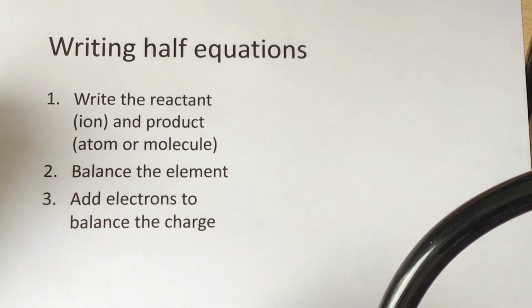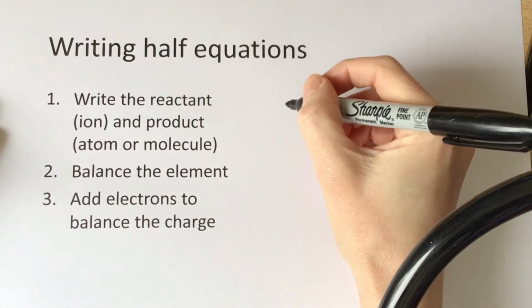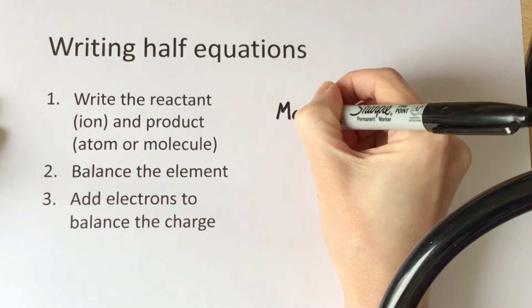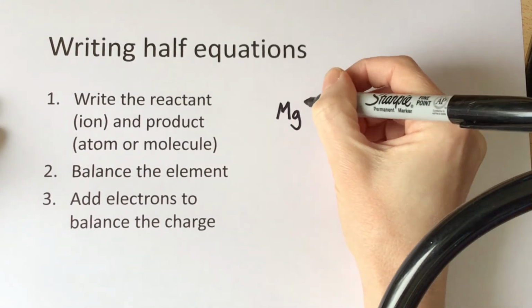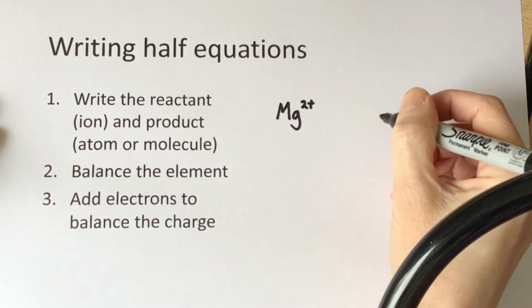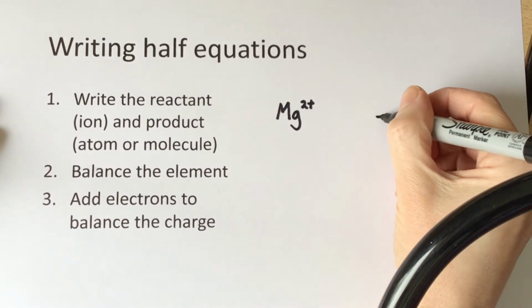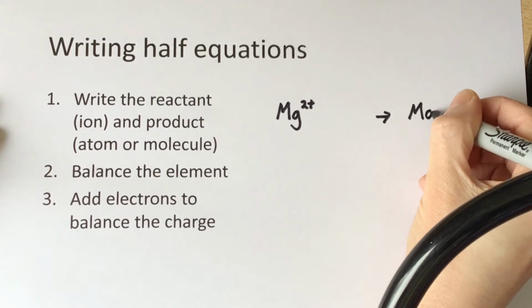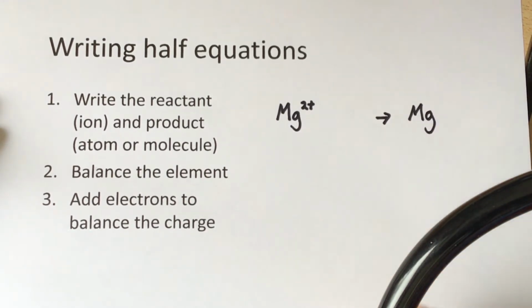So if we start with magnesium, magnesium is in group 2. So when it's in an ionic compound, it will have 2+ ions. And then in electrolysis, it is converted to magnesium atoms with no charge.